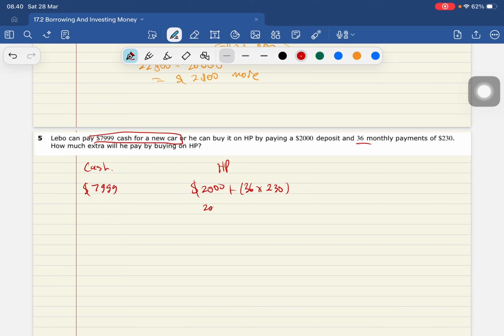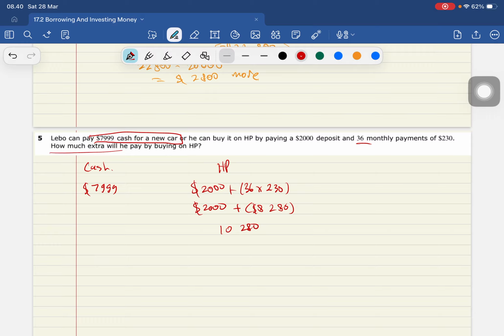So 36 times 230 is 8,280. Add the 2,000 deposit, and it's 10,280.